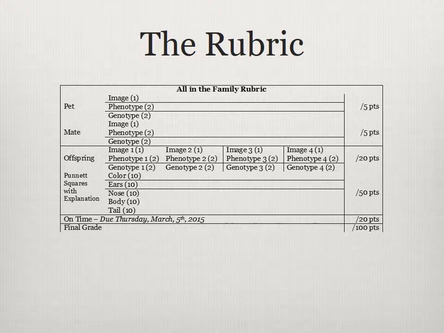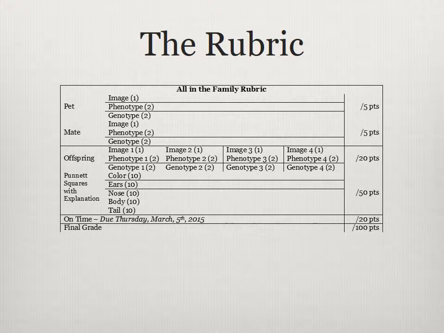Then you're going to make 4 puppies and actually draw them onto your poster board or make an image of them on the computer and put them on your poster board. Then you're going to include your Punnett square crosses, 5 of them, 1 for each trait, with your summaries or with your explanation.